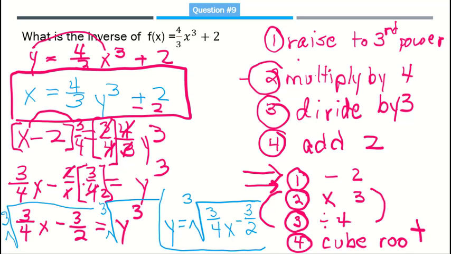Now it's written in this form. In your answers on your test, there may be something that you can take the cube root of, but I don't see anything here, so that's our answer.